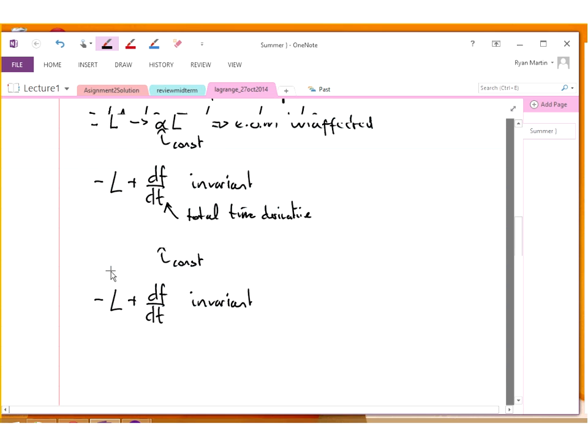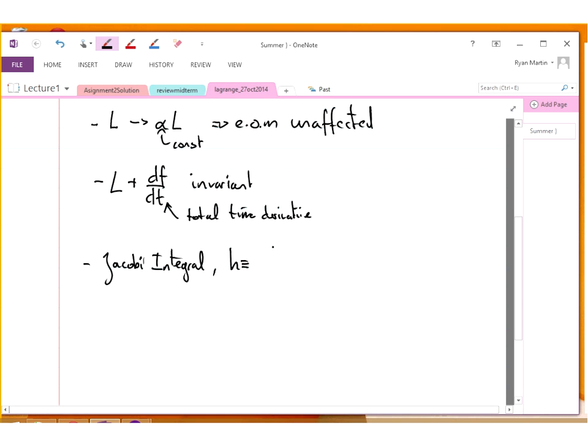The last thing that we saw was the Jacobi integral, which is given by the sum over the degrees of freedom of qi dot multiplied by ∂L/∂qi dot, minus L. It was equal to a constant if L does not depend explicitly on time, so ∂L/∂t equals 0.